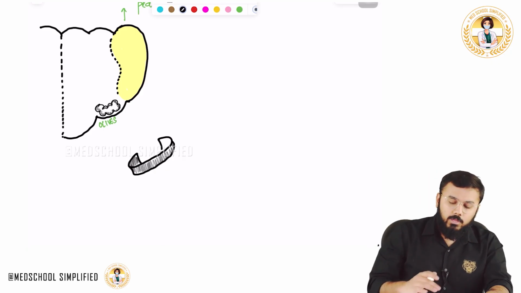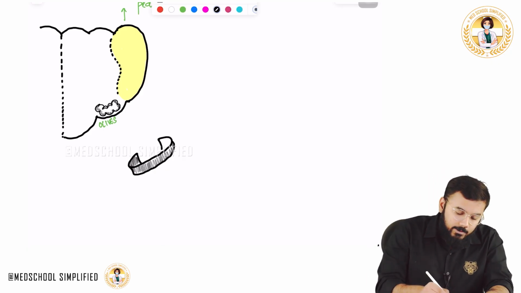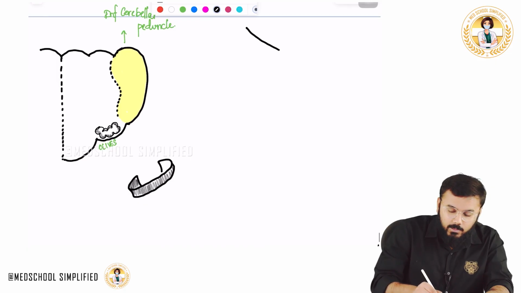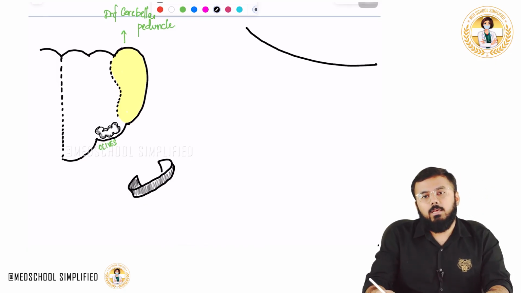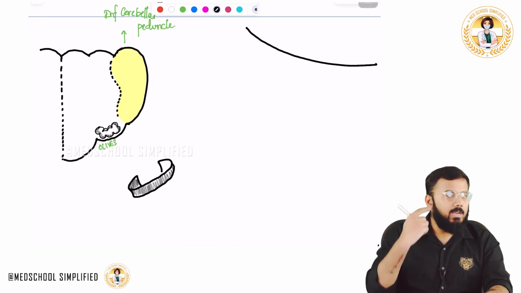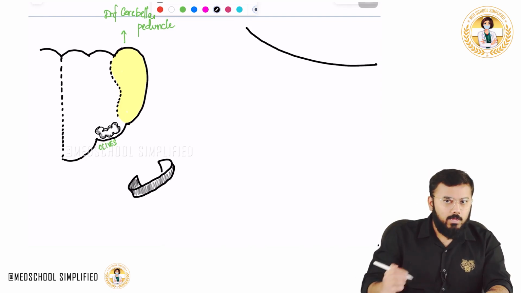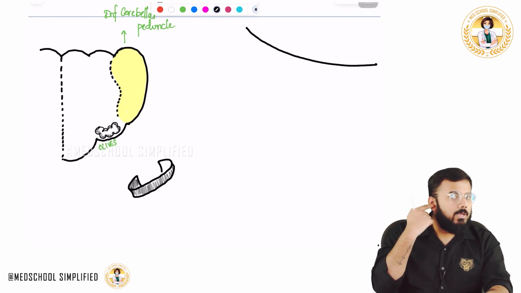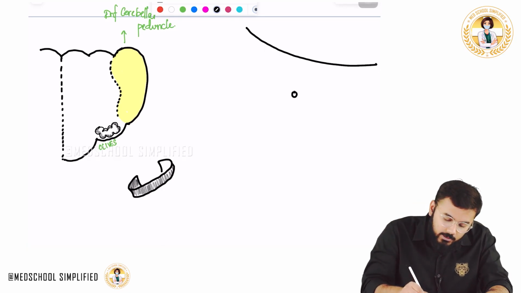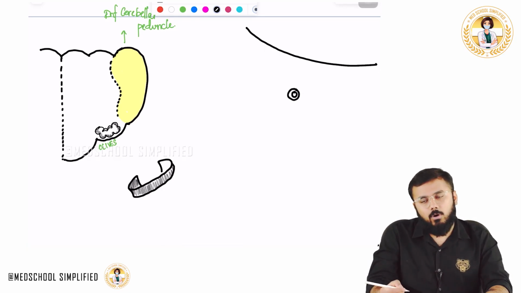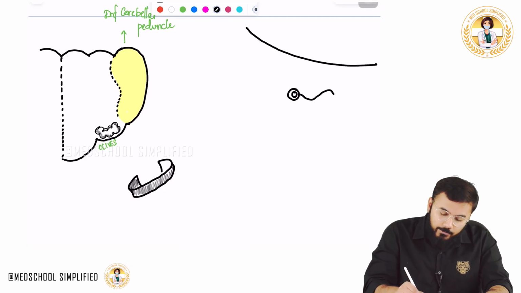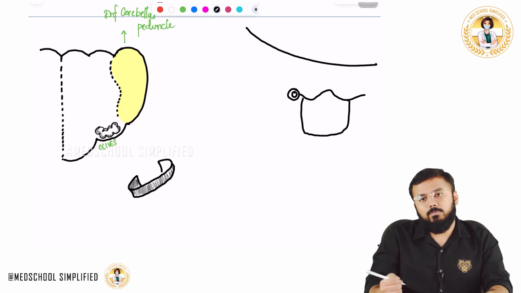Now if you move a little anteriorly, let me draw one line over here. This line is actually the temporal bone which I have drawn. Beneath the temporal bone, what is this opening? This is your external auditory meatus. Beneath it you have another part of the bone, called your tympanic bone.